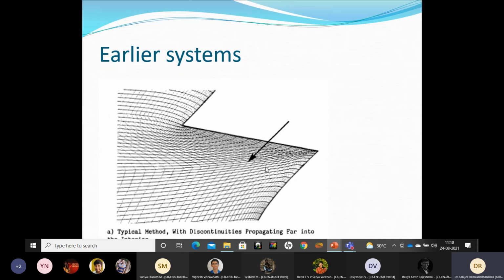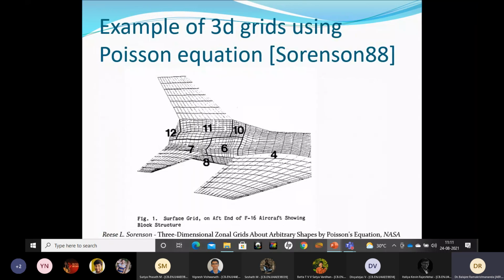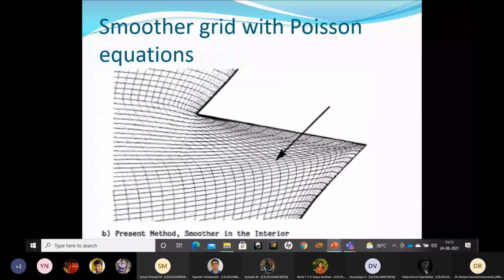The grid is a bit skewed, and here also a sharp discontinuity is propagating. So this was overcome by such kind of Poisson equation. With Poisson equation, you can actually smoothen and reduce the skewness.